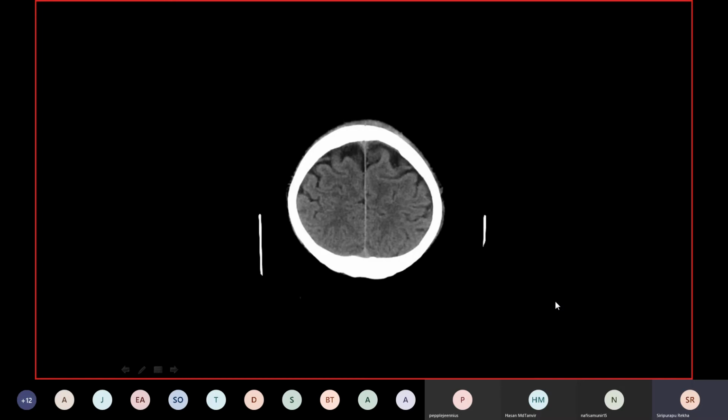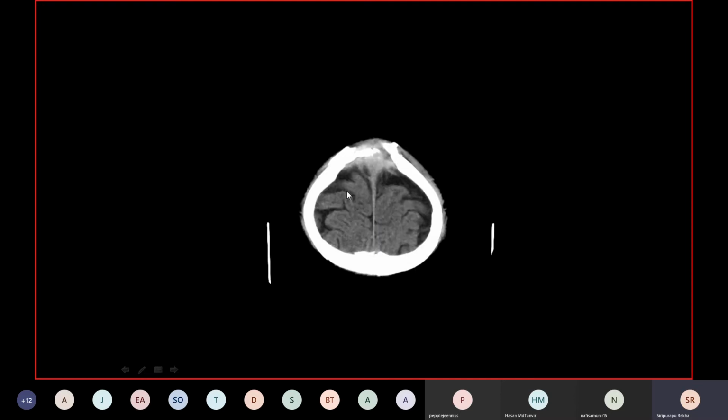Before we go on to spontaneous hemorrhage, there was just this one case I wanted to show. This was a patient who fell down on his head and came in with a GCS of probably 6, I think. I don't remember exactly, but quite a low GCS. Looking at the non-contrast CT, there was really nothing below this level.